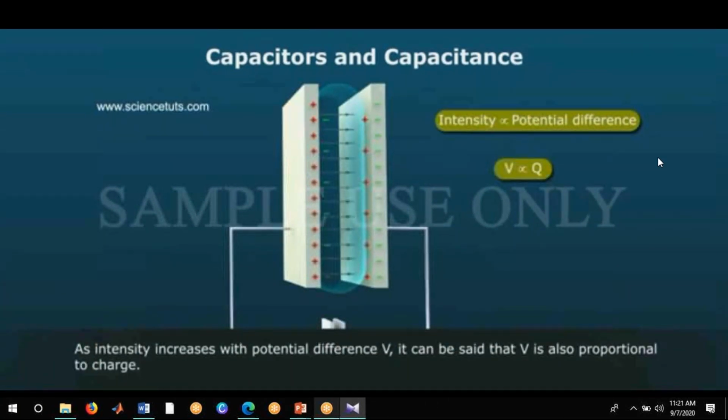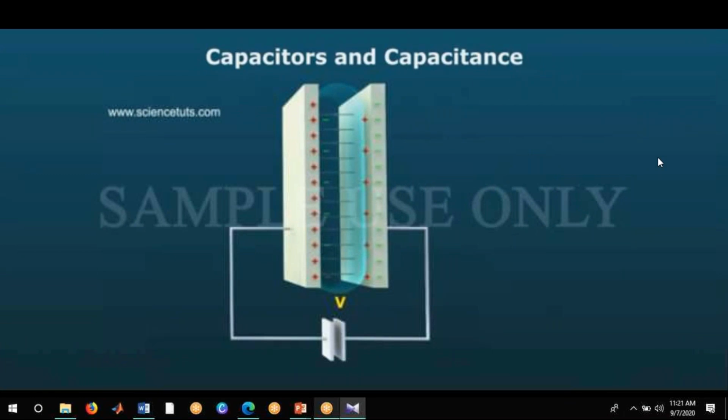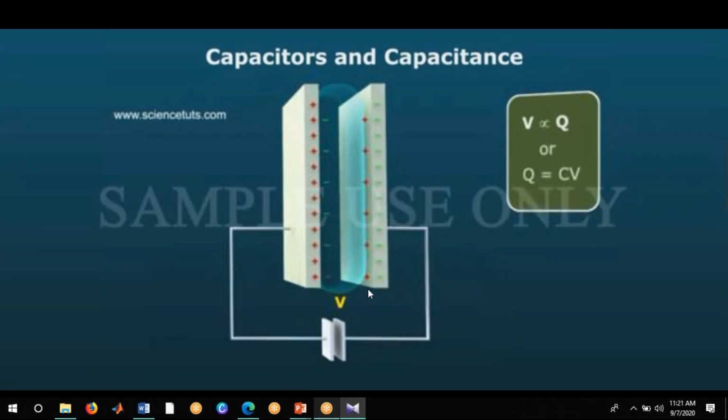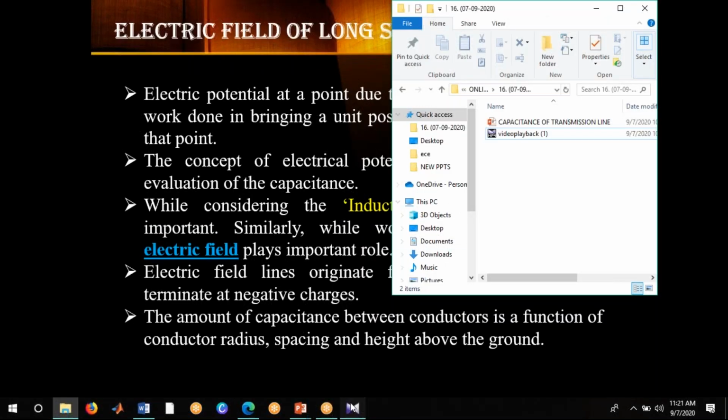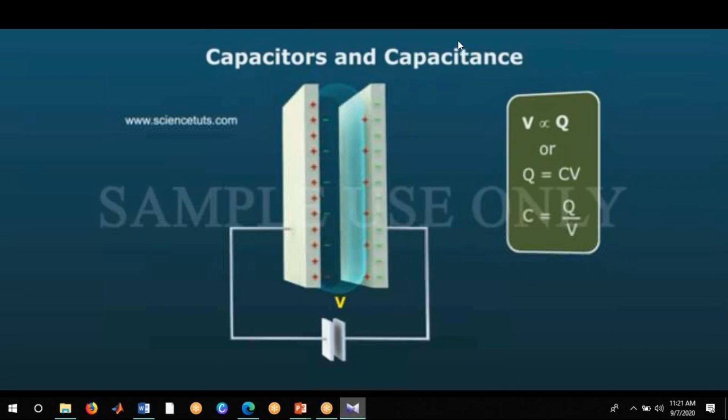As intensity increases with potential difference V, it can be said that V is also proportional to charge. That is, V is directly proportional to Q, or Q equals CV. C equals Q by V, where the constant of proportionality C is called capacitance.